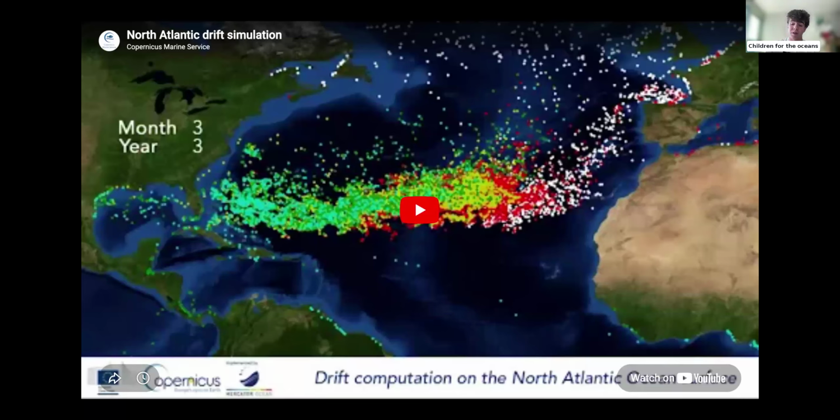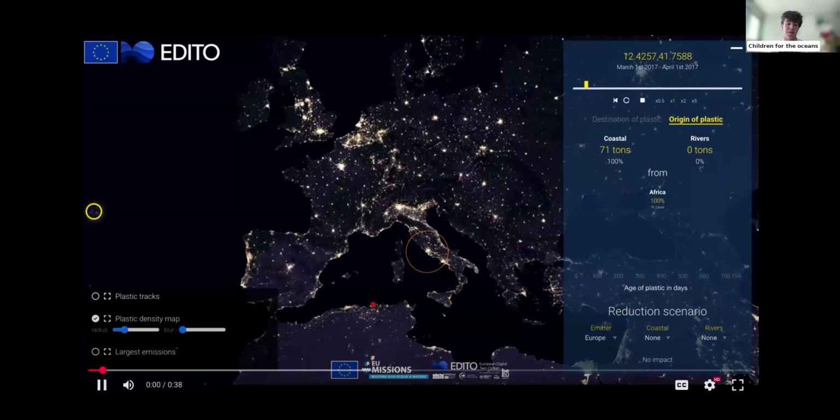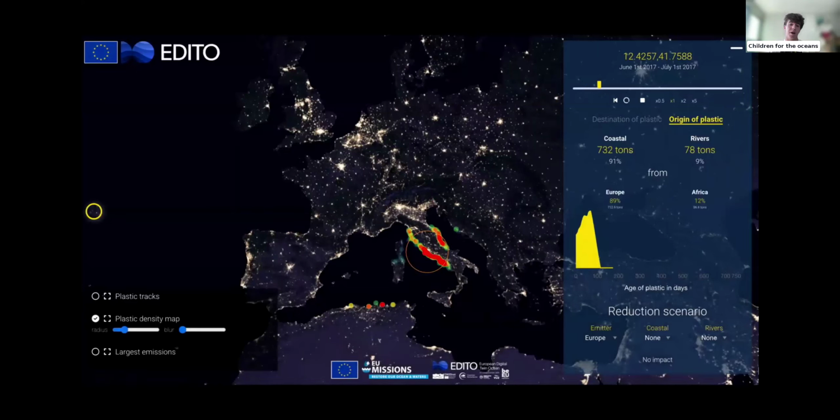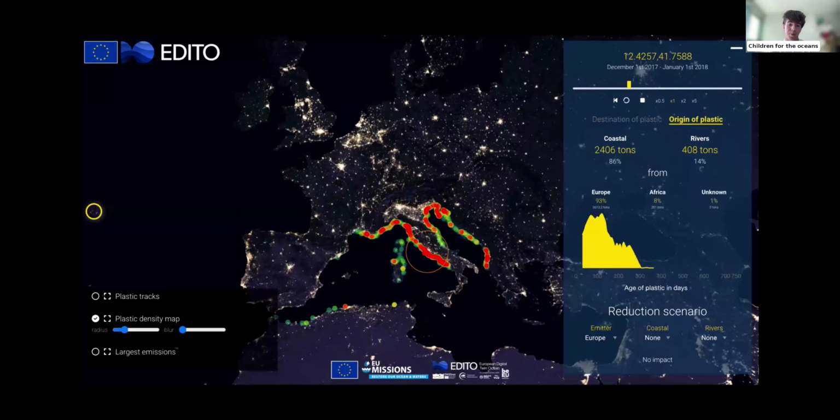But then we also love to show this animation. This one is presented by the new tool Edito, from Mercator Ocean, which they are developing, and we're looking forward to working with these tools.